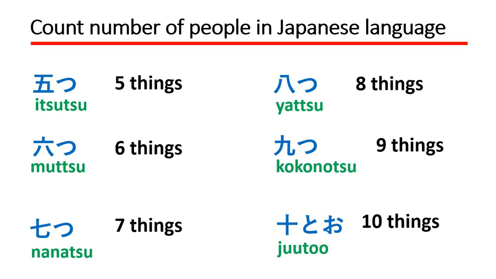For the use of tsu, there is a special sound. They don't directly use the sound of the kanji. For example, for nine things, they don't say kyu, right? The normal sound of the kanji for nine is kyu, but here they use kokonotsu. For eight things, the normal sound of the kanji for eight is hachi, right?